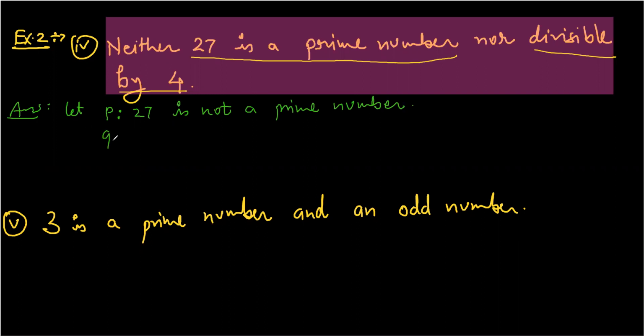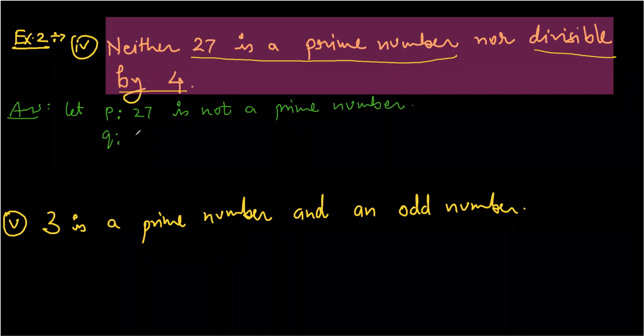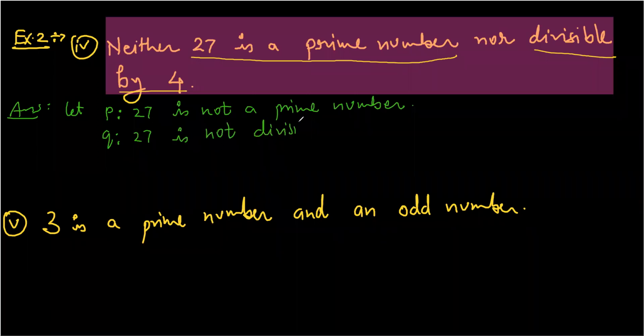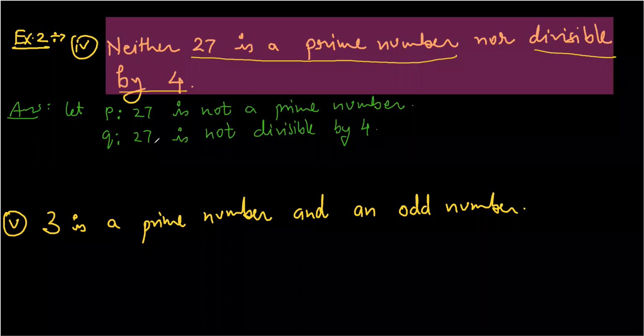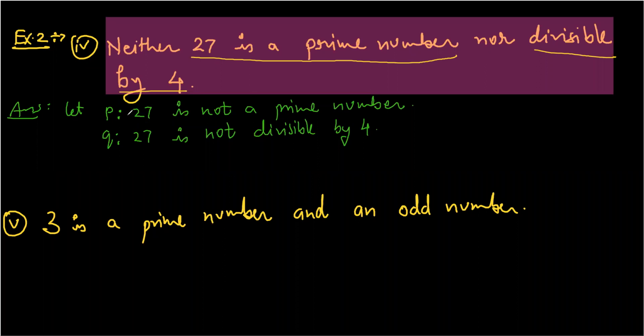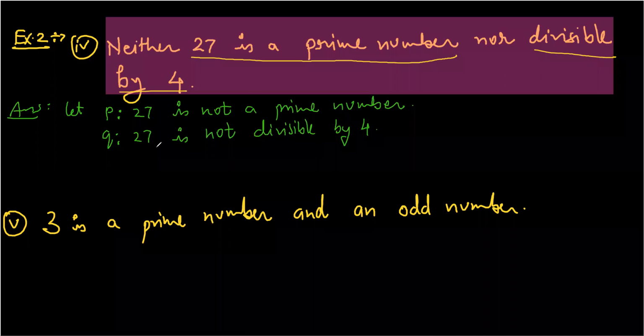And then Q I write: 27 is not divisible by 4. Now listen students, while writing P and Q, I'm using not. I wrote P as 27 is not a prime number. I wrote Q as 27 is not divisible by 4.